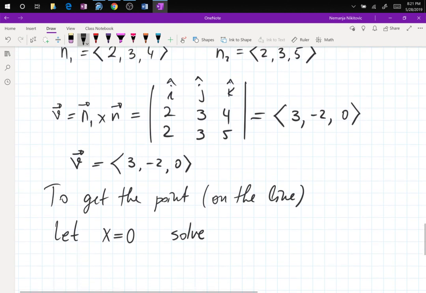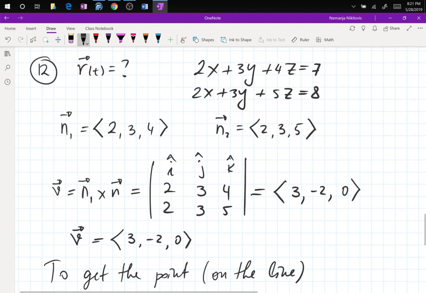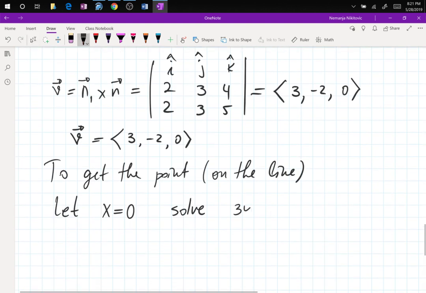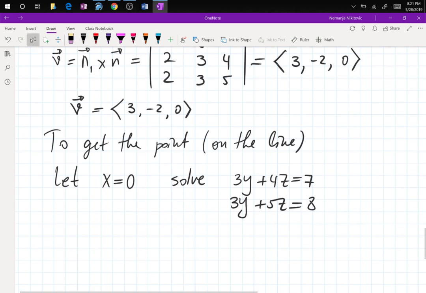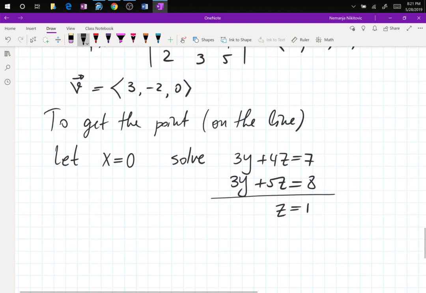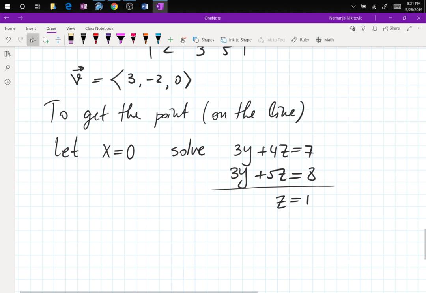Solve 3y plus 4z equals 7, and 3y plus 5z equals 8. When you subtract, you get z equals 1. Now, if z is equal to 1, then y is also equal to 1 when you plug it back, right?